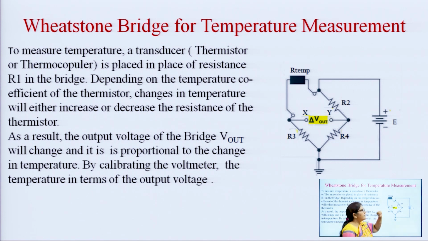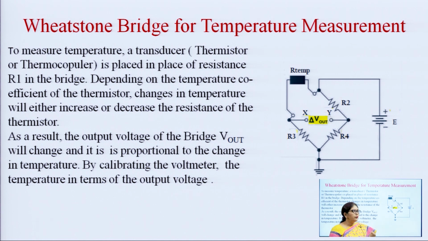Because of this temperature difference, the resistance will change, and because of the change of resistance, this bridge will go into unbalanced condition. When the bridge goes into unbalanced condition, there is a voltage difference between points x and y, and we can measure this change in temperature.